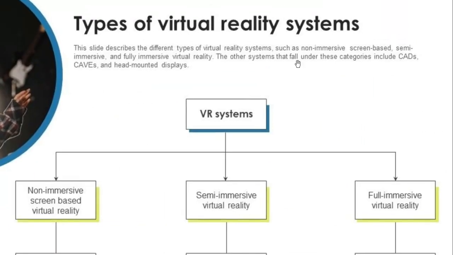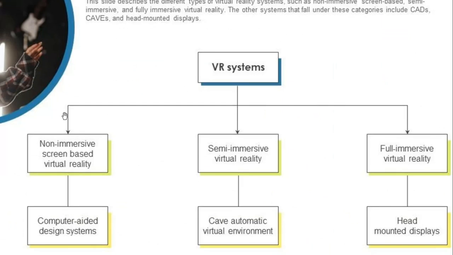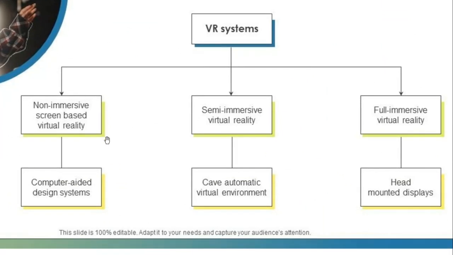Now, when it comes to types of virtual reality systems, there are non-immersive and immersive. When we say non-immersive, we are talking about computer aided systems where you're not really in the system, but you can see it from outside.